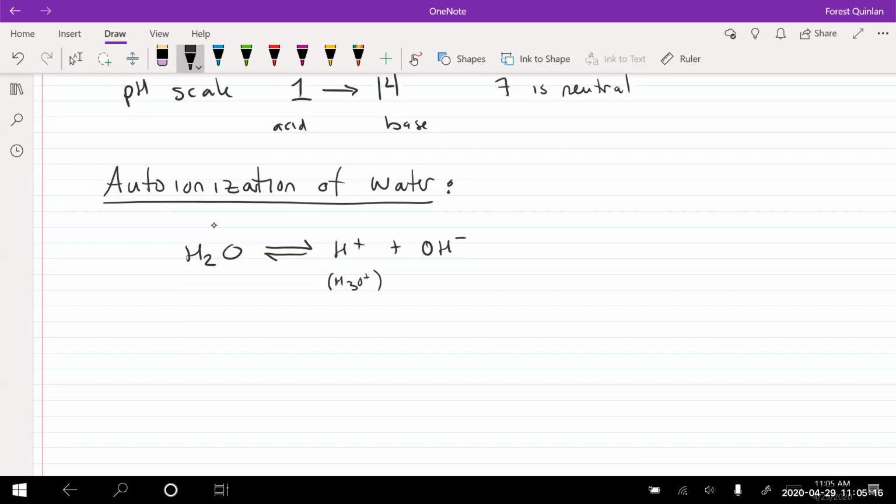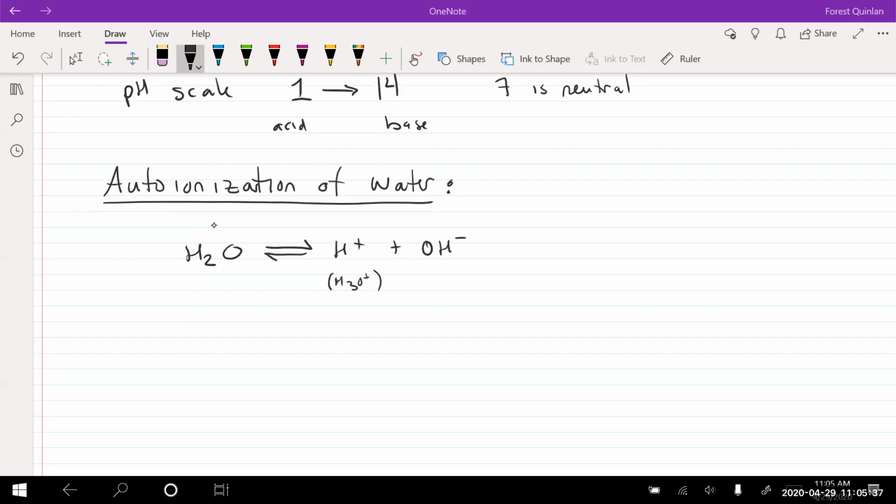It turns out that most reactions will actually go both ways. We don't really talk about it too much in this class, but this is the case, especially with water. And in that, it sets up what we call an equilibrium.